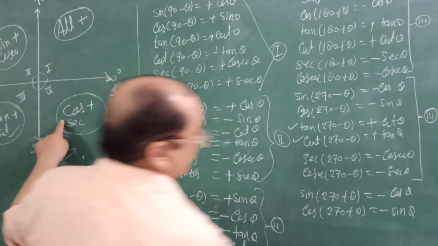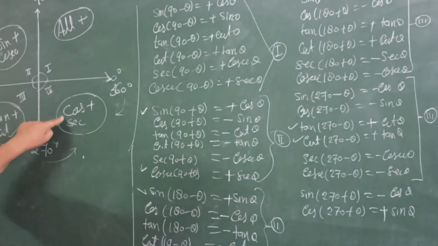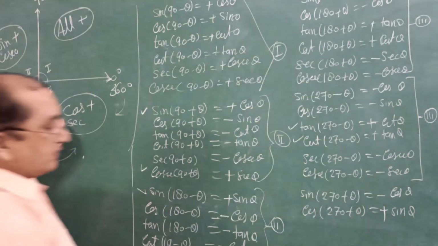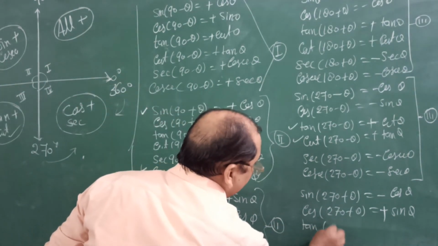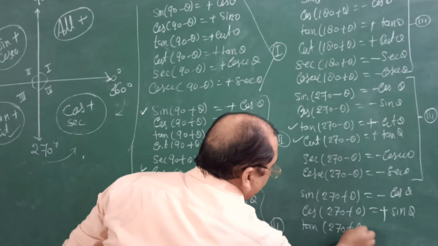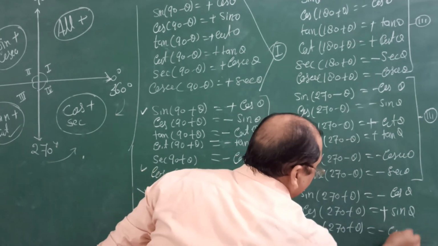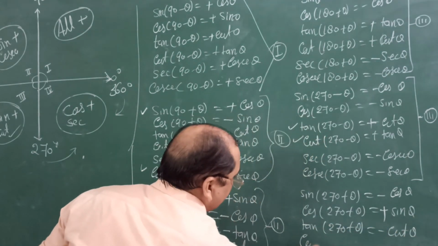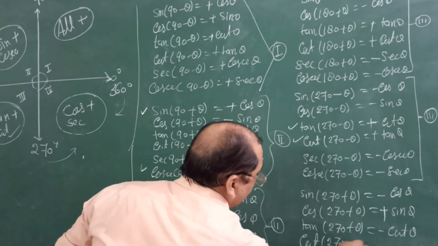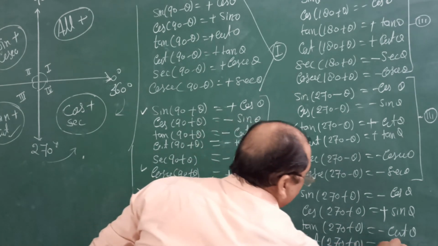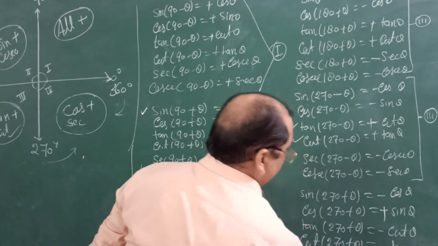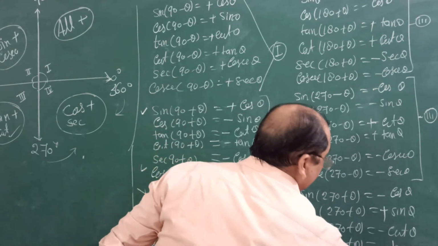Cos 270 plus theta means sin theta. Now see here, it will come positive because you know that cos and sec are positive. Then tan 270 plus theta equal to minus cot theta. Cot 270 plus theta will come minus tan theta.